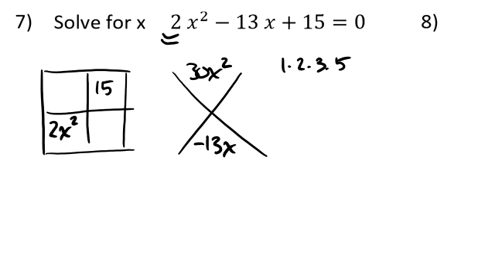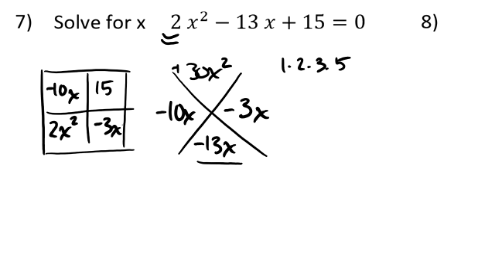Because I have a negative sum, negative 13, and a positive product, 30, so both of these have to be negative. If I think about it, I'm looking at 10 and 3, so negative 10x and negative 3x. Those definitely have a product of positive 30x squared, and they definitely have a sum of negative 13x. So I'll write each of those here, negative 10x and negative 3x.